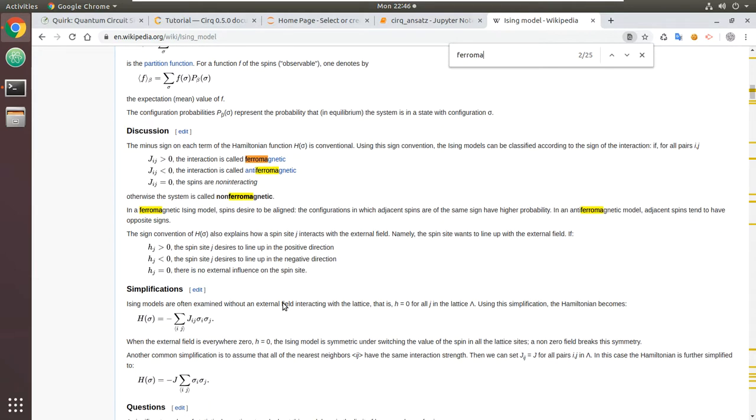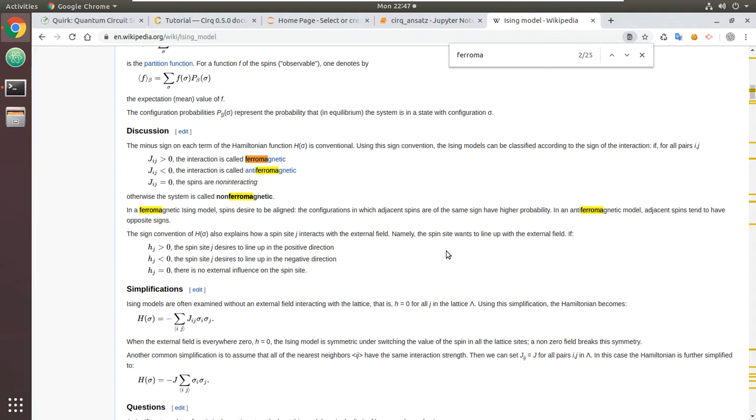So in a ferromagnetic Ising model, spins desire to be aligned. The configurations in which adjacent spins are of the same sign have higher probability.